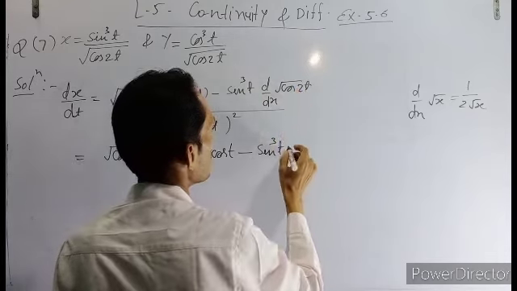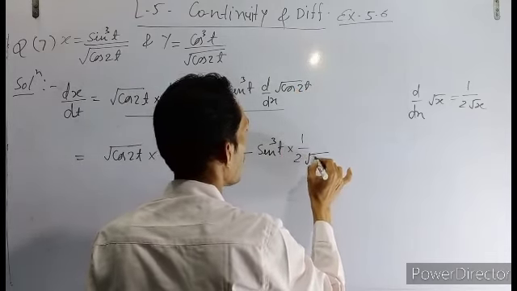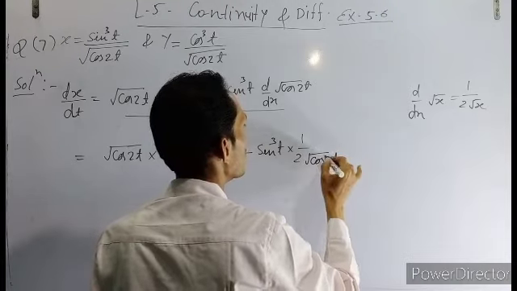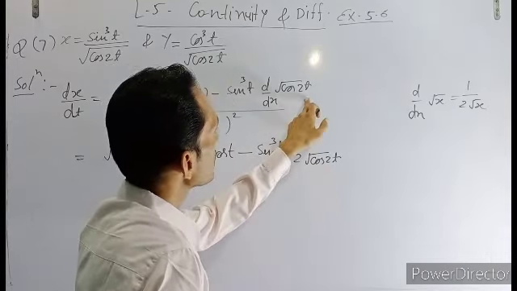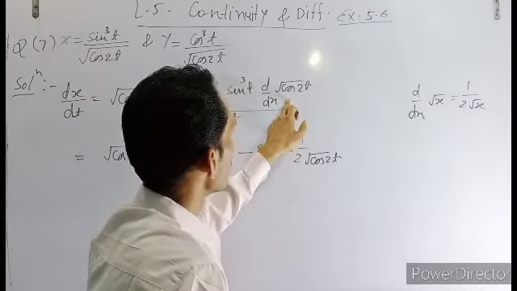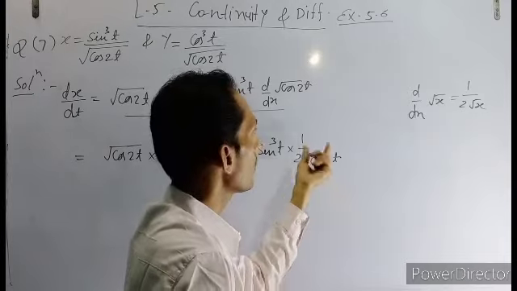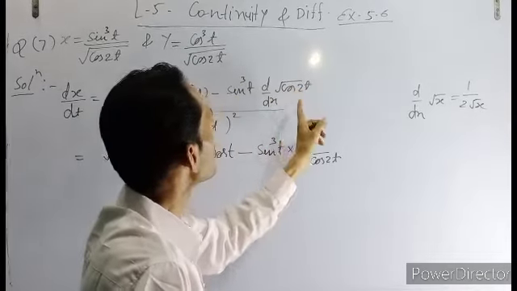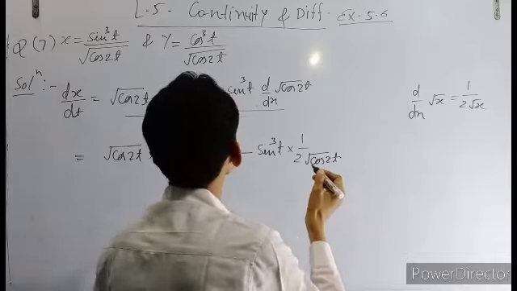So under root cos 2t gives 1 upon 2 under root cos 2t, into the derivative of cos 2t, because cos 2t is another function inside. We have to find the derivative of this by chain rule.